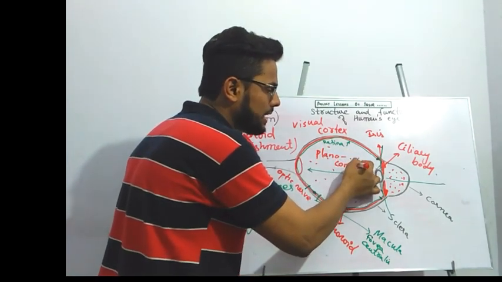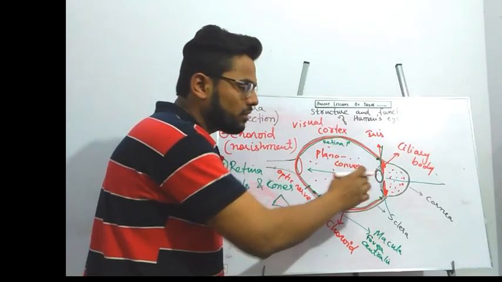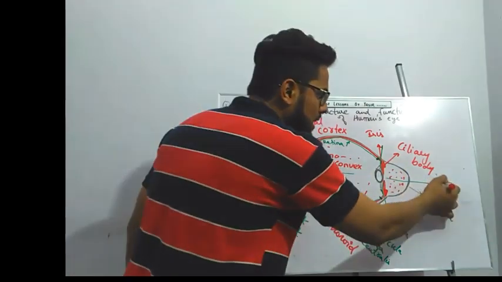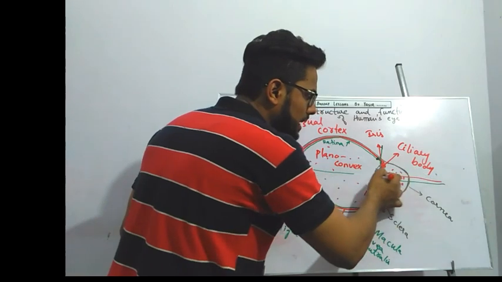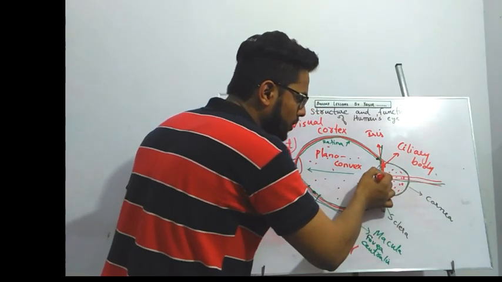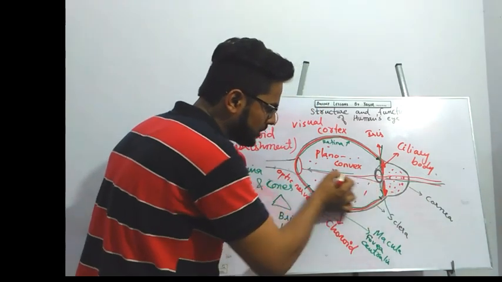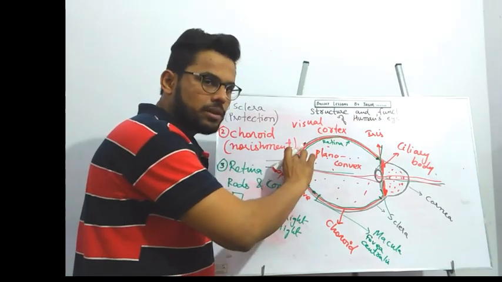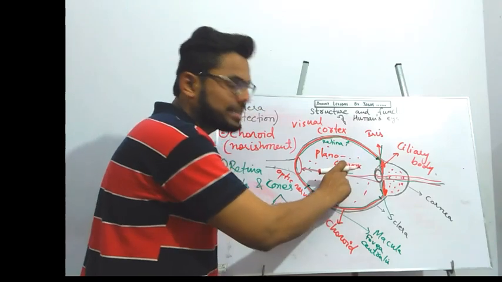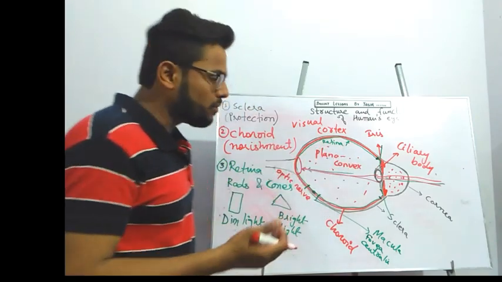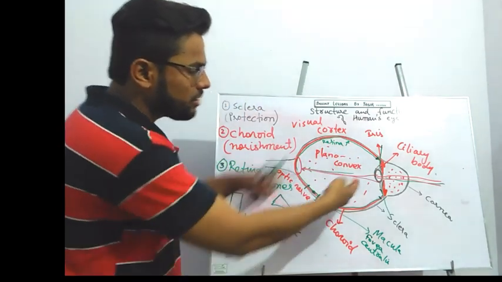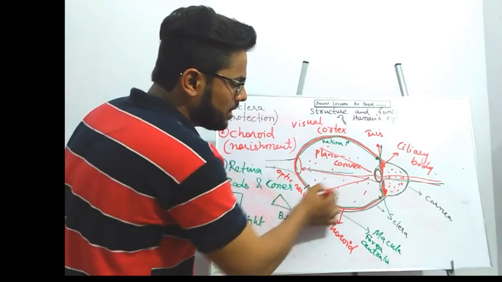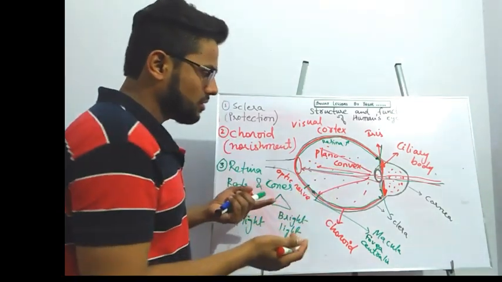The lens has a convex shape, a plano-convex shape. It will converge the light into one point. Light is converged into this point, the optical disc. So the image is formed at the optical disc due to this convex lens. If nature had provided us a concave lens, the light would diverge.